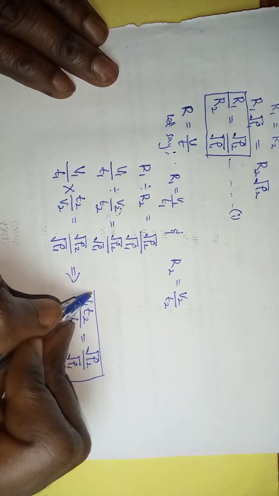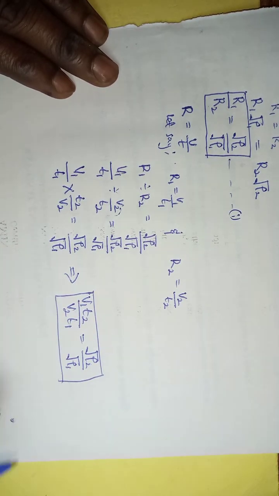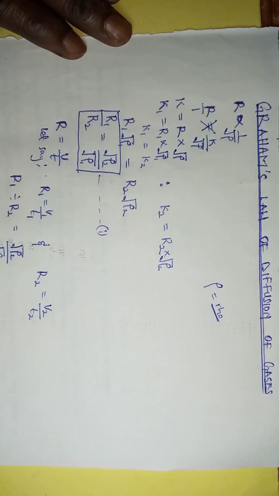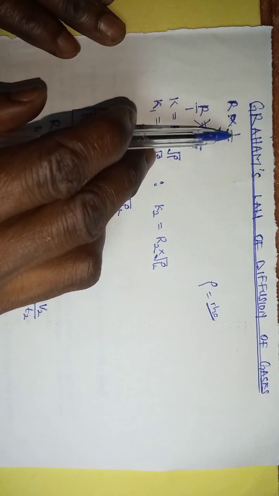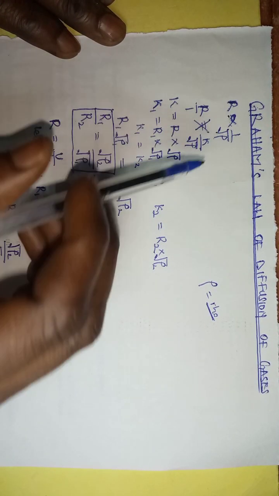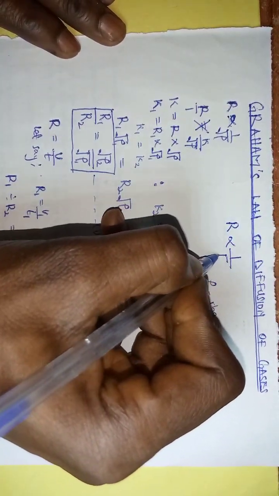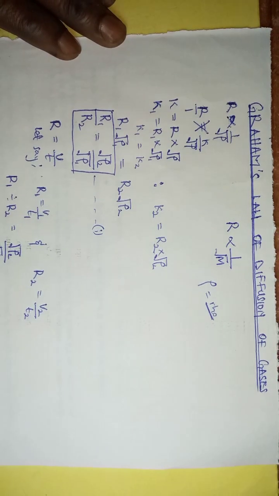You can also make use of this other formula. If you are dealing with Graham's law of diffusion, the same way you prove that the rate is inversely proportional to the square root of vapor density, you use the same approach for the inverse proportionality to the square root of the relative molecular mass.